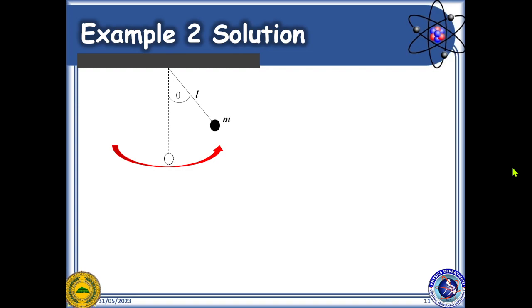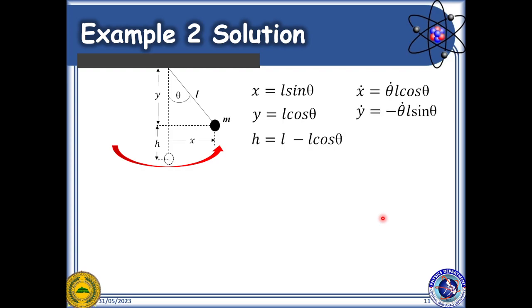We can use the Pythagorean theorem to get those equations: x is equivalent to L sine theta and y is equivalent to L cosine theta. Take note that the height of the bob is also important to determine its gravitational potential energy later. So h is equivalent to L minus L cosine theta.